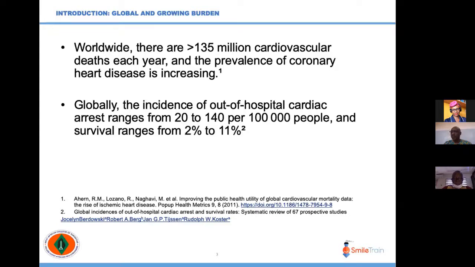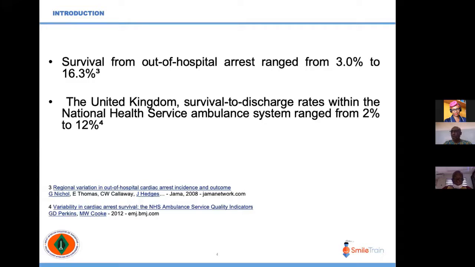We will put these figures in context as we go on. Out-of-hospital survival rates range from 3 to 16%, according to some research that I have highlighted here.